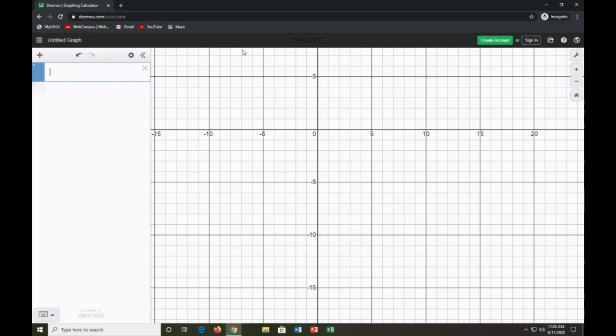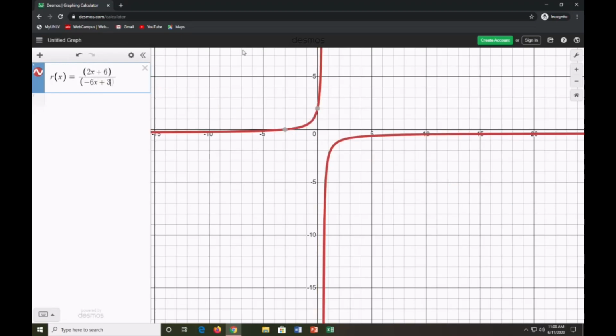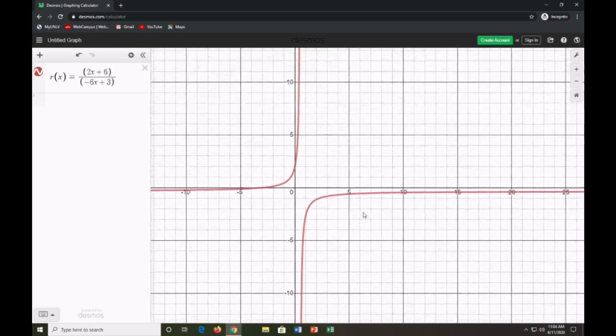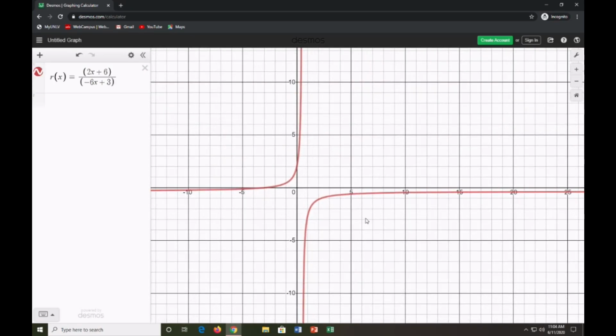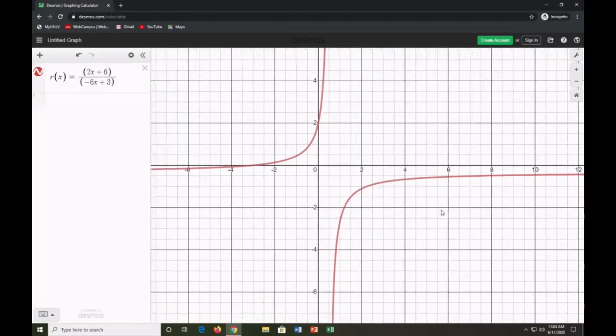So we had r of x equals 2x plus 6 divided by minus 6x plus 3. Right, like that. Look how nice and smooth these lines are as opposed to what I did.